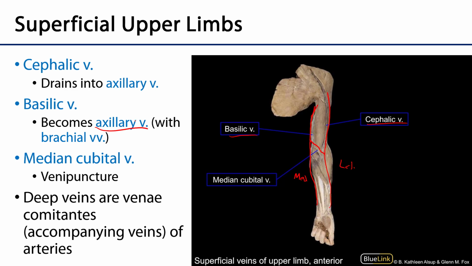That axillary vein will traverse the axilla and then ultimately become the subclavian vein, which will return back to the brachiocephalic vein. The cephalic vein is going to dive deep here in the deltopectoral triangle, where it's going to meet up with the axillary vein.